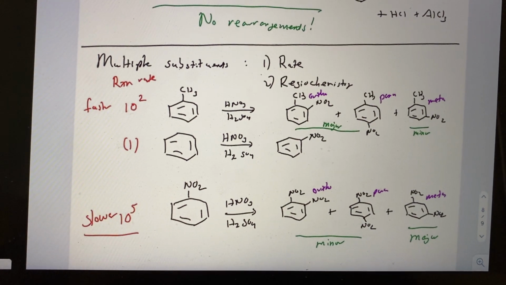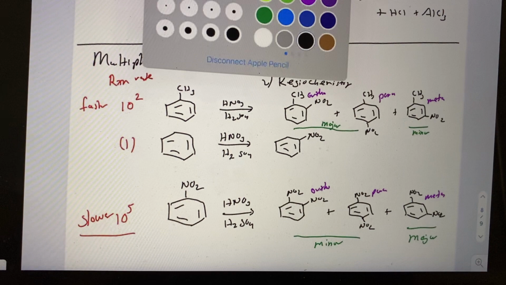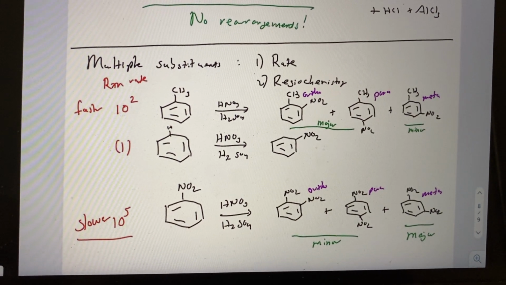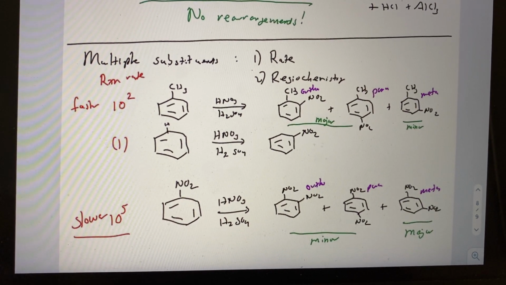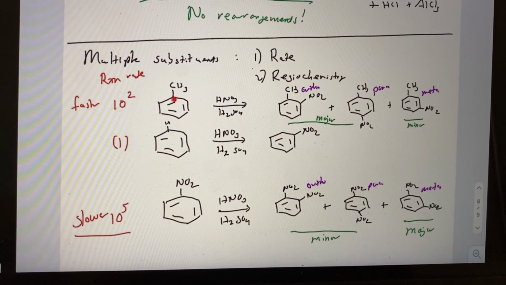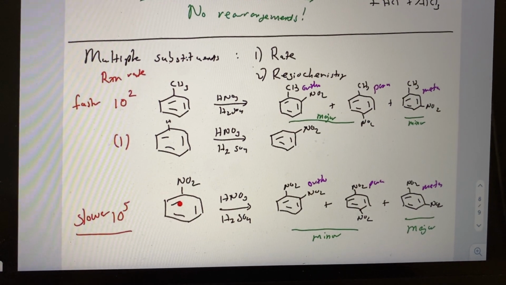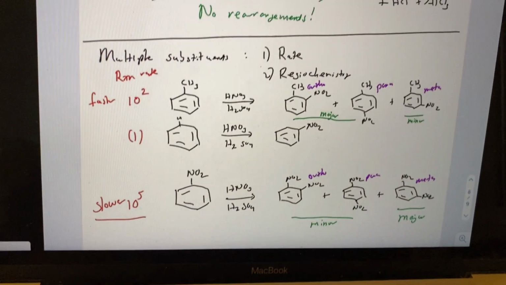So the difference is the incorporation of a methyl group, a hydrogen, or the nitro group. What this suggests is that the methyl group activates benzene for the reaction, so it happens faster. And conversely, the nitro group deactivates benzene for the reaction, so it's affecting the rate.